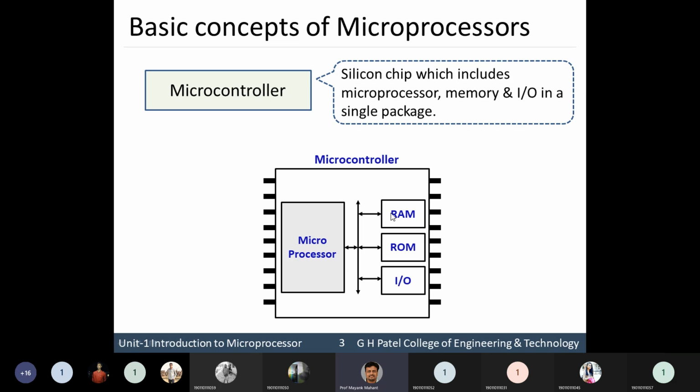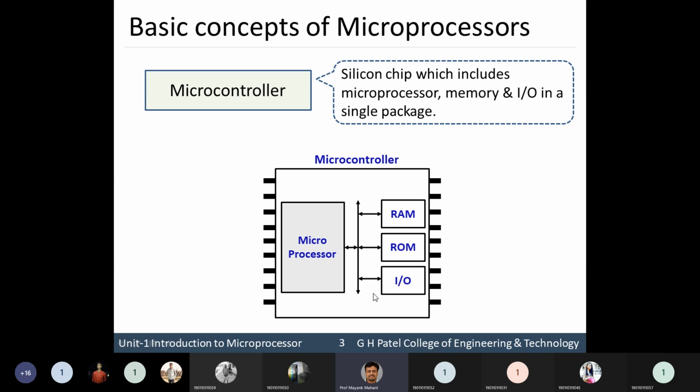Now if I talk about a microcontroller, then it is also a silicon chip, but it includes a microprocessor. So it has a processor inside it, which we call a CPU. The microprocessor processes the data. With that it has memory, so RAM and ROM are the basic memories we can have.